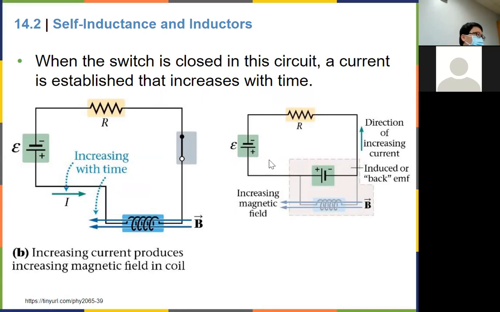If you have increasing current, the induced EMF will be against the original direction of the current. If you have decreasing current, the induced current will be in the same direction as the current.